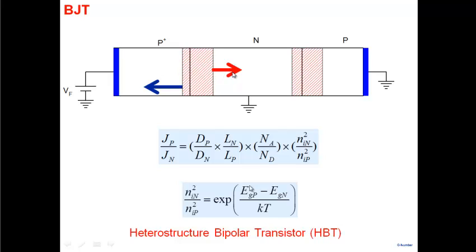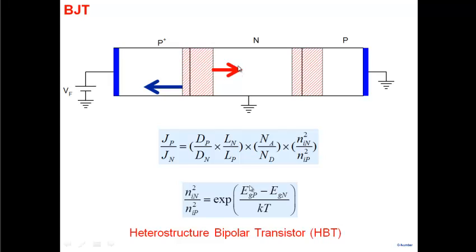No, because remember, what does this current depend on? Ni square over Nd. So this current does not increase actually. So don't mistake by looking at this that if I make the doping high, I will inject more holes. The answer is no. You don't inject more holes by increasing the doping in P, because injected hole density depends on Ni square over Nd. It's independent of P doping actually.